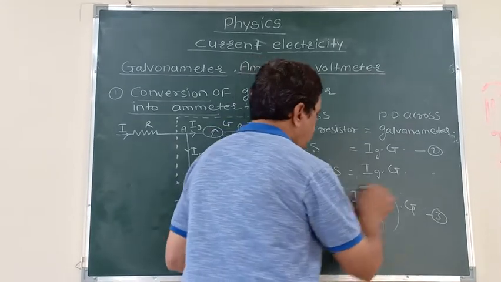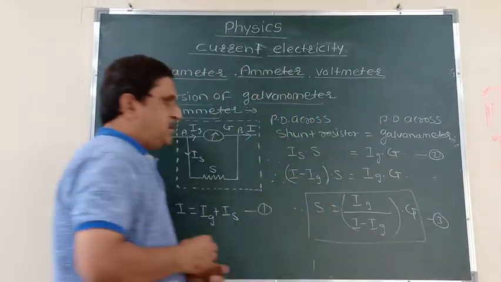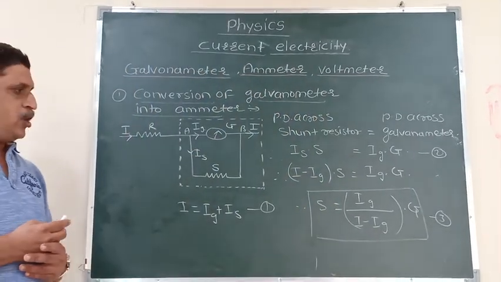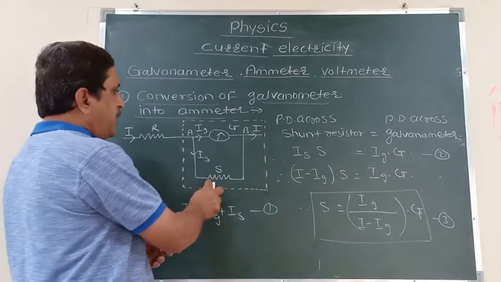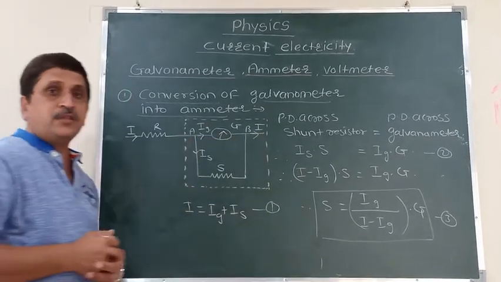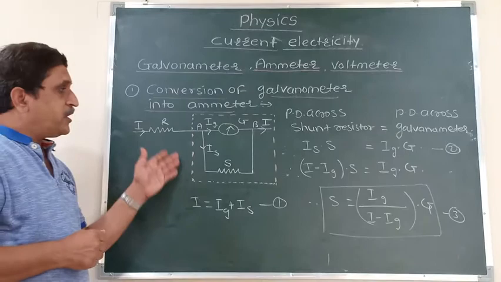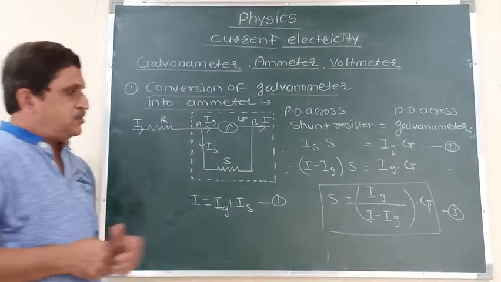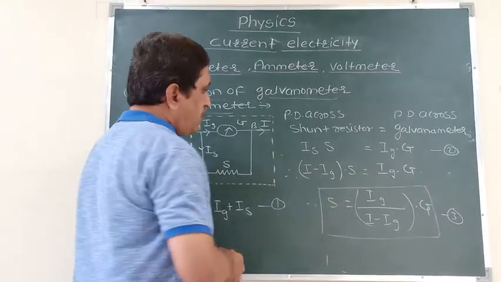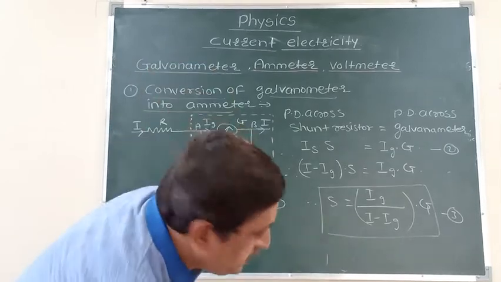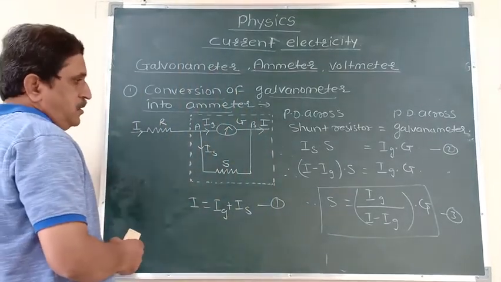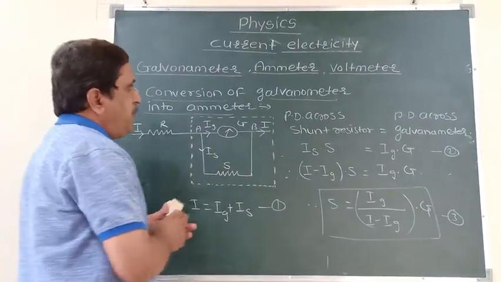From this equation 3, we can find out the value of shunt resistance that should be connected in parallel combination with the galvanometer to convert galvanometer into ammeter. This one is the simplest method. Then, after this, we'll see if we generalize this equation.